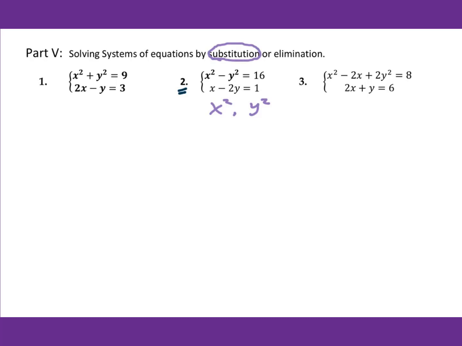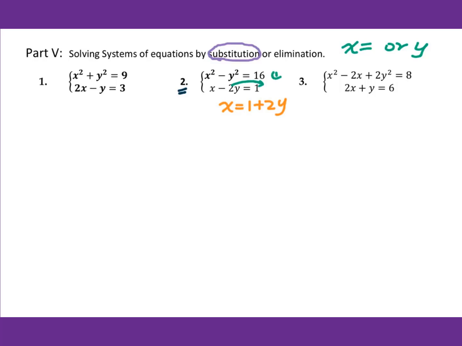For substitution, make sure the pattern is x equals or y equals. For number 2, we can make x equals easily. Therefore, you will get x equals 1 plus 2y.